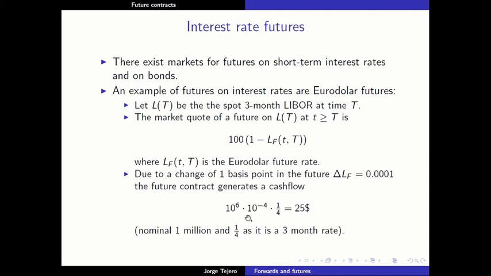This 10 to the minus 4 represents a change in the future LIBOR of 1 basis point, and the 1/4 over here is due to the fact that the underlying interest rate is a 3-month interest rate.